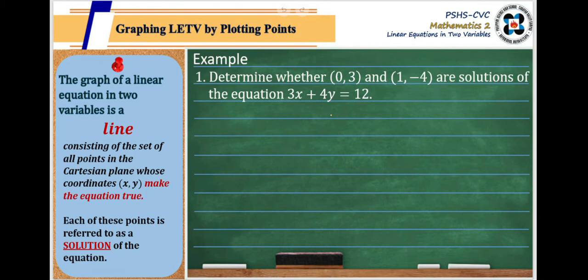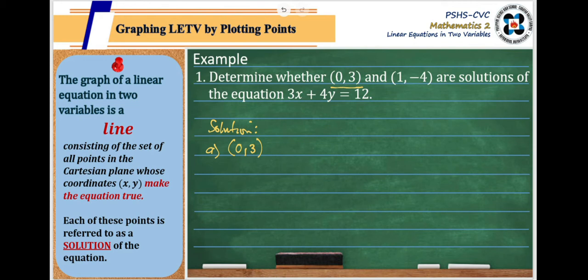Determine whether (0, 3) and (1, negative 4) are solutions of the equation 3x plus 4y is equal to 12. For this problem, we have to determine whether the two given points are solutions of the equation. So for our solution, let's determine first whether (0, 3) is a solution of the equation 3x plus 4y is equal to 12.